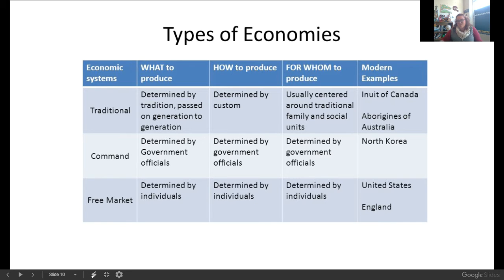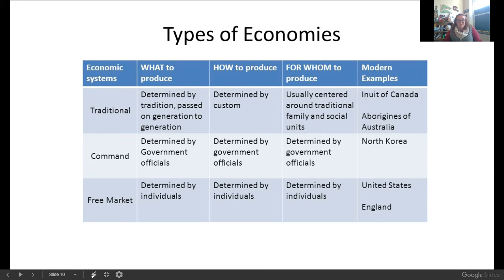It's typically centered around a traditional family or social unit. So most of the traditional economies are seen in traditional tribal groups or tribal areas. So the Inuits of Canada and the Aborigines of Australia.